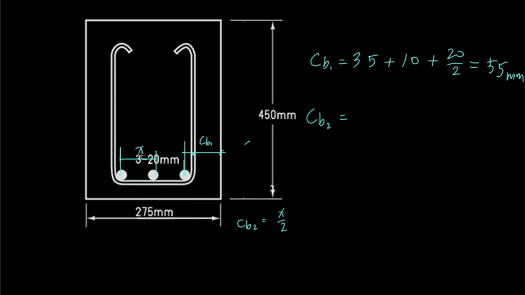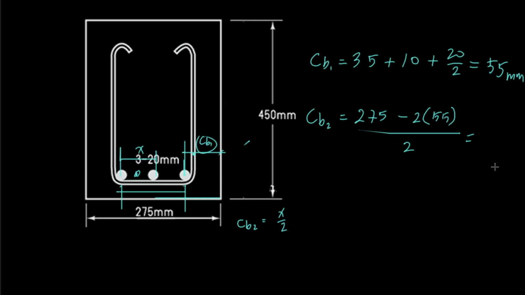So, paano ba natin makuha yung x, kaya nating isolve itong length na ito dahil sa total width, ililess natin yung dalawang CB1 natin. So, yung total width natin, 275, ililess natin yung dalawang 55. Okay. Then, i-divide natin sa 2 dahil meron lang tayong dalawang spaces dito.